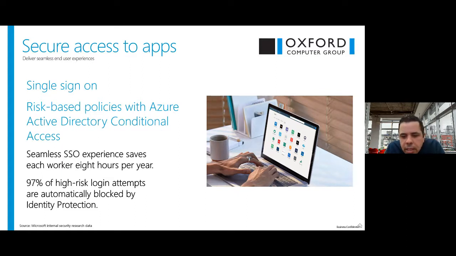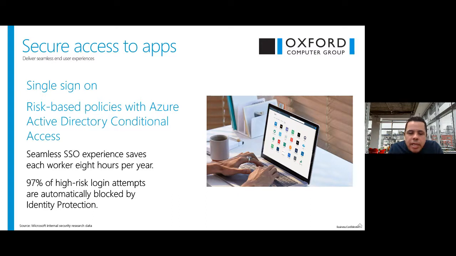With conditional access, 97% of high-risk login attempts can automatically be blocked by leveraging, for instance, identity protection, which is part of the E5 SKU. Enabling that E5 identity protection feature helps reduce that security risk by ensuring that if a user's password has been detected on the dark web, because Microsoft can look at those password hashes, and if they're being matched up with a password database dump that's out there, it can alert the user and require that they change their password at the next login.